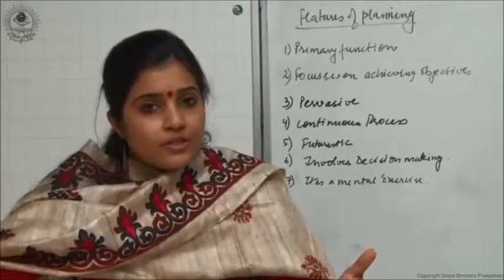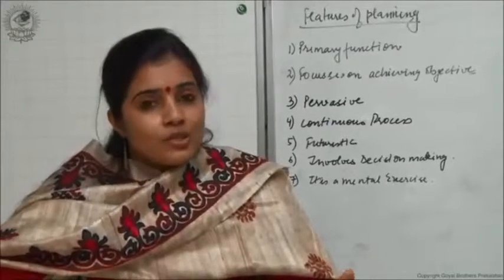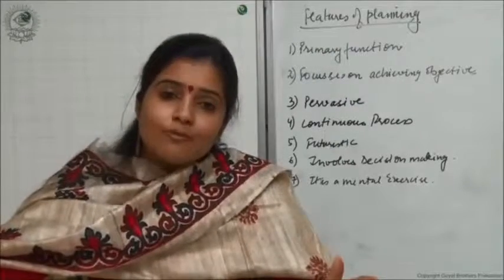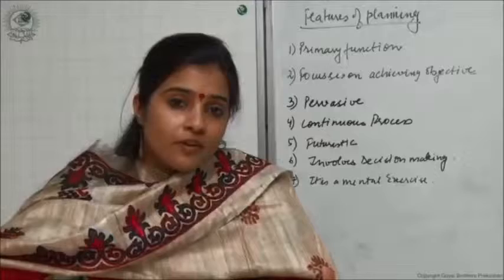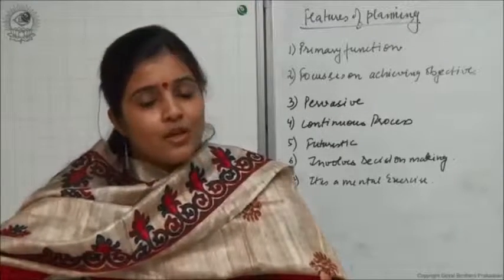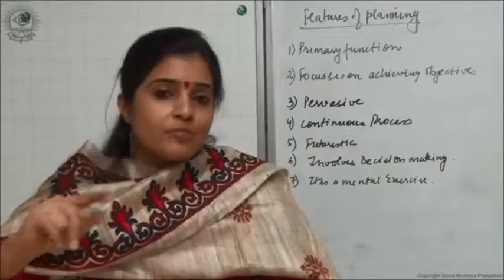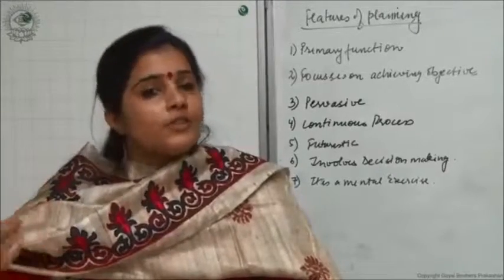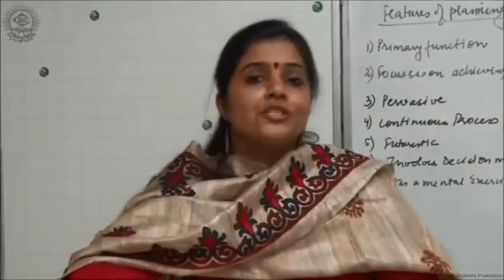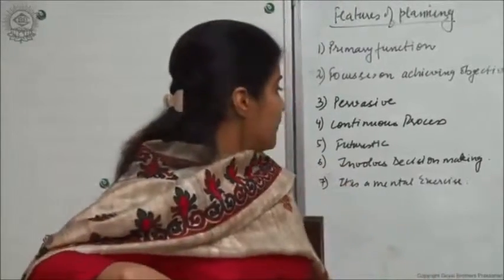So what if the conditions that you had predicted change, or those conditions were not there at all? You will have to alter your plan. You will have to modify your plan in accordance with the changing situations. So planning is a continuous process which goes on and on, because you have to continuously modify your plans according to the changes taking place in the external environment.